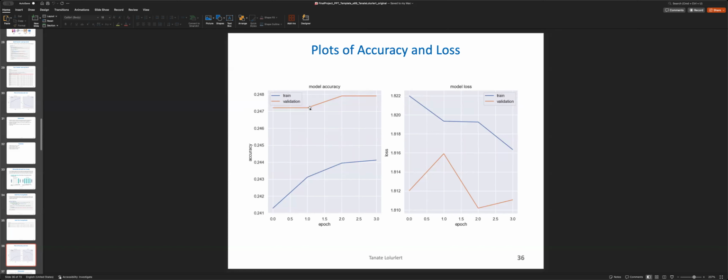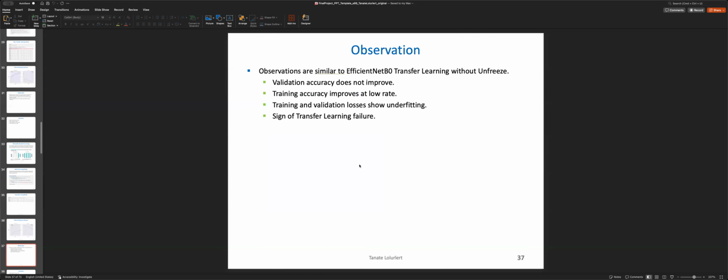Similar to the transfer learning model, the validation accuracy does not improve, and the training accuracy improves at a low rate, so the model is underfitting.